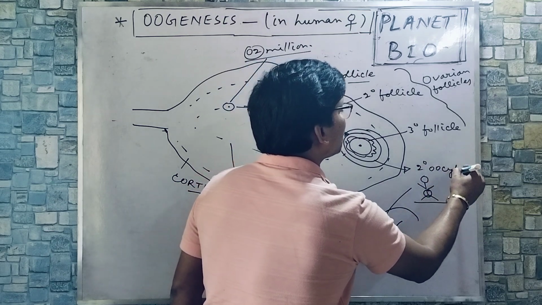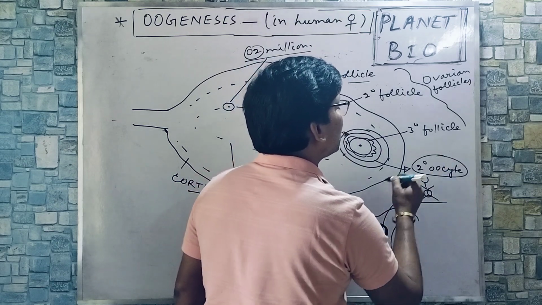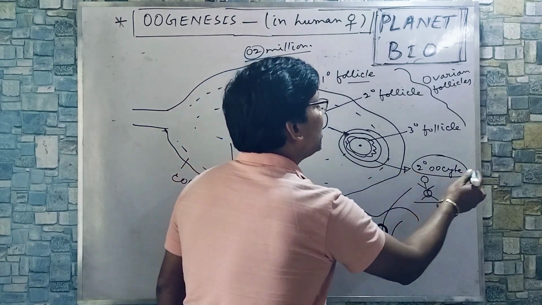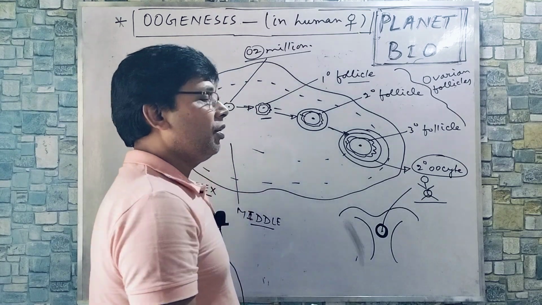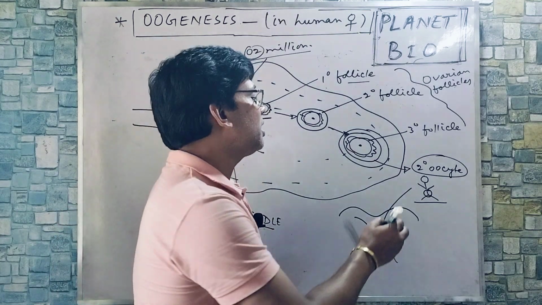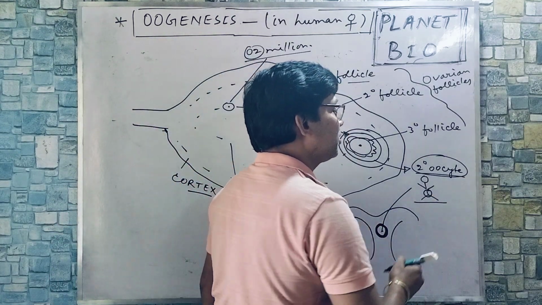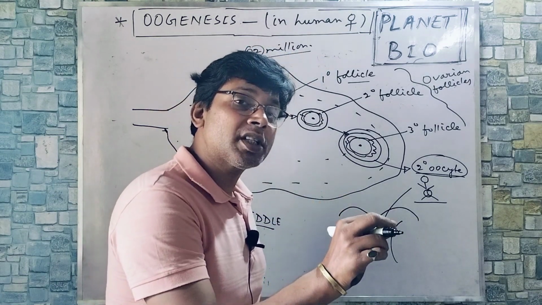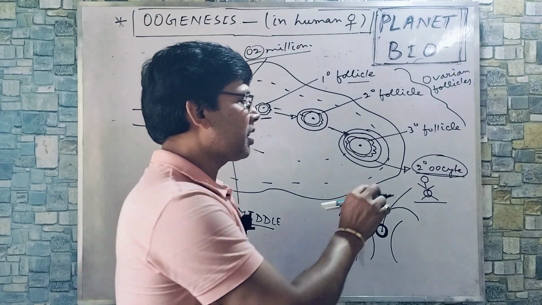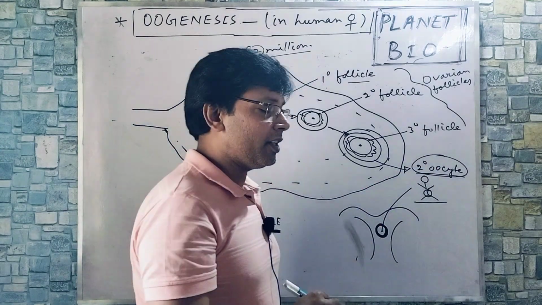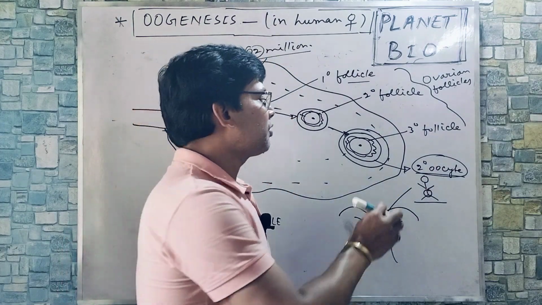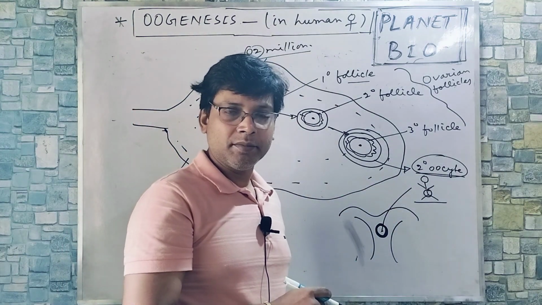In this secondary oocyte stage, this structure is released. Actually, it is in the phase of secondary oocyte, and we say that an ovum is released, that ovulation has occurred. We say this is the ovulatory phase, but actually it is secondary oocyte. It is formed after first meiotic division.